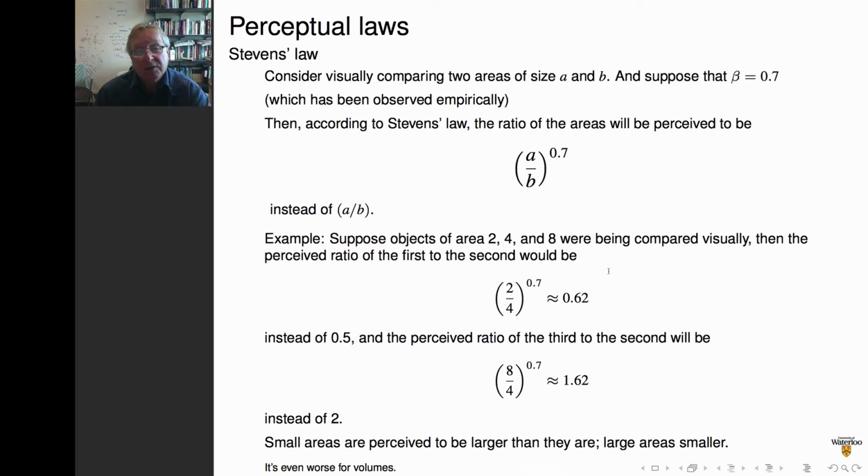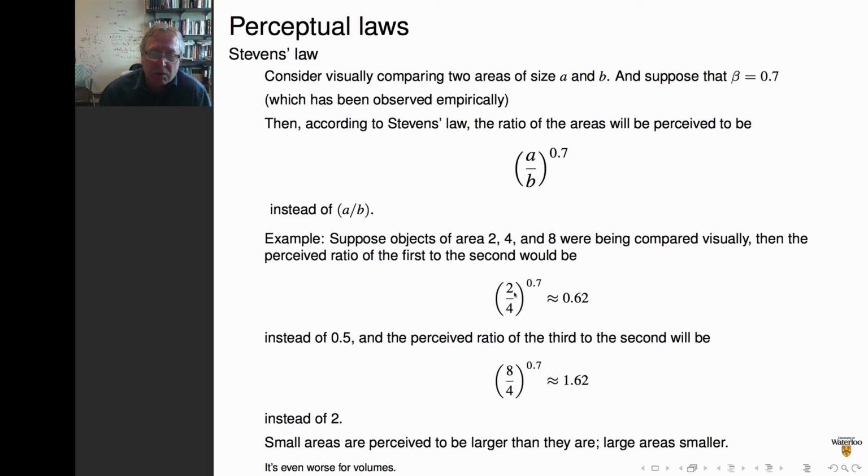Let's get a sense of what the actual effect is. Think about comparing two areas, A and B, and let's say beta is 0.7. According to Stevens' law, the ratio that we encode is A to B, but what we perceive is A to B to the power of beta, 0.7. So if the areas were 2, 4, or 8, something that's half the size, rather than appearing as half the size, appears to be 60% of the size.